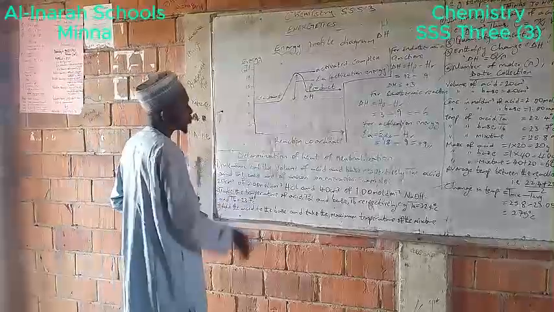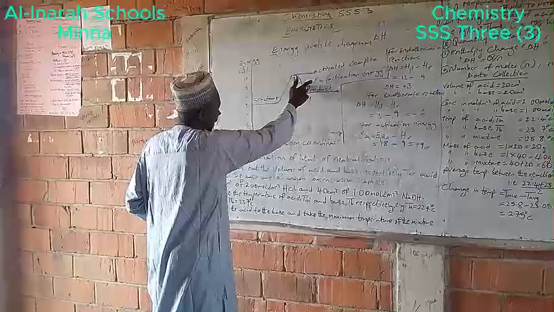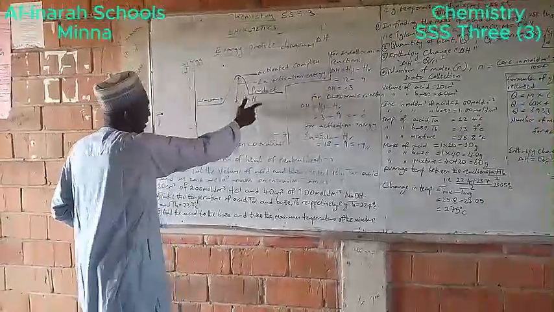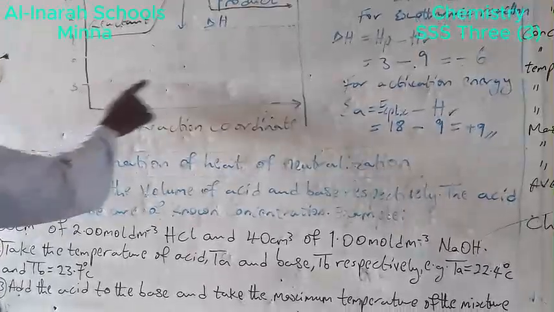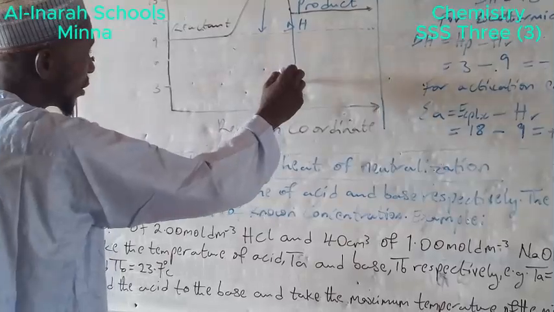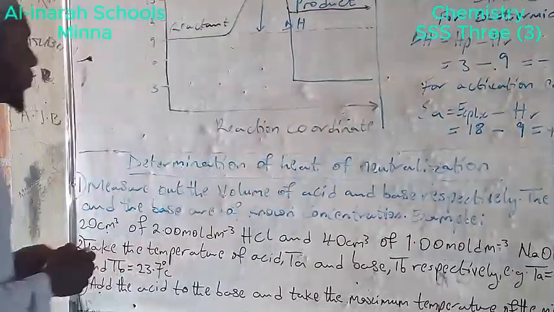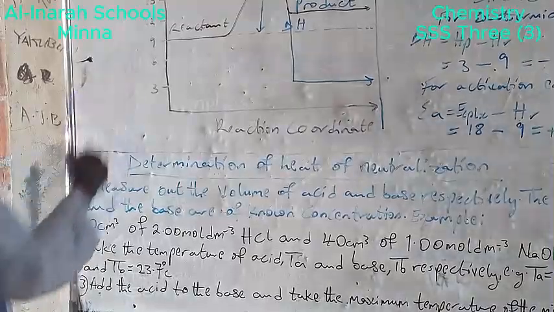What you just need to do is bring this product axis down. Let's assume to this point 3. You draw it down like this to point 3 here. You leave your reactant the way it is.